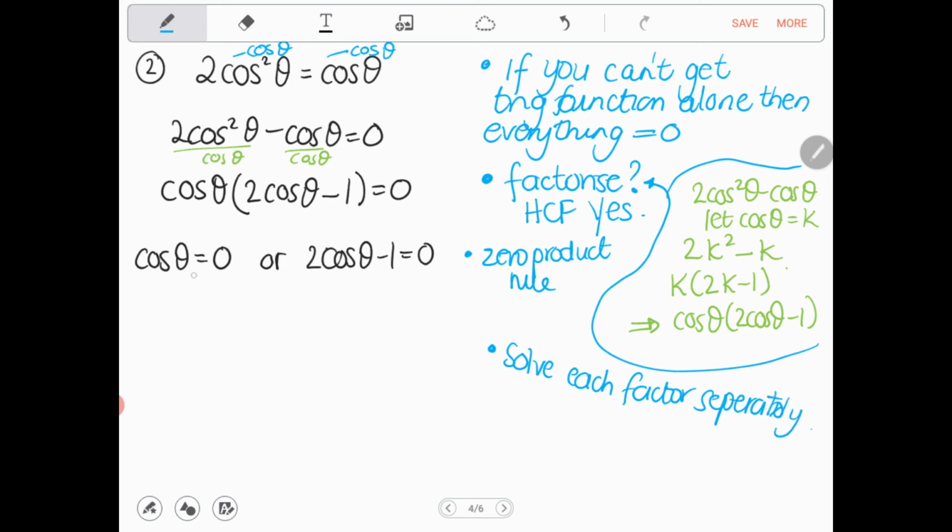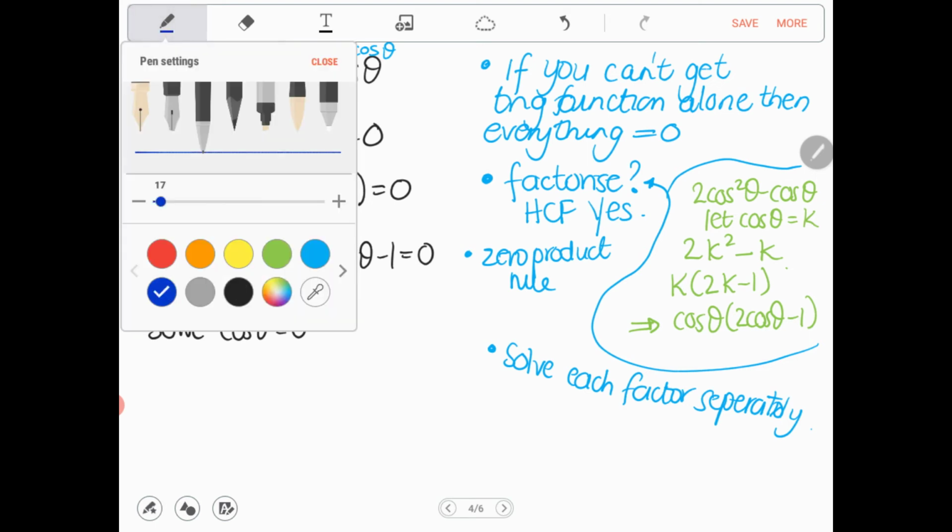With this one, remember we assume that theta is positive, just to help us. This is going to be in which quadrant? Where is cos positive?